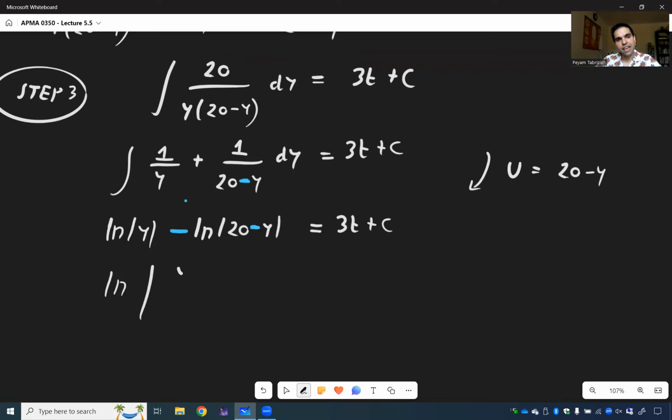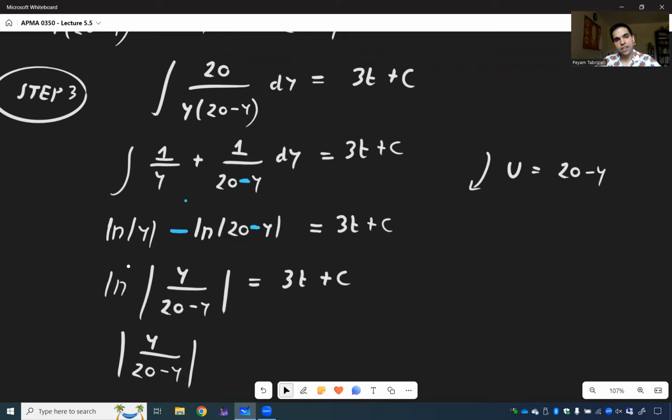So that's the same as ln of y over 20 minus y equals 3t plus c. And now we can exponentiate: y over 20 minus y is e to the 3t plus c. And then to remove the absolute value, you do plus minus.